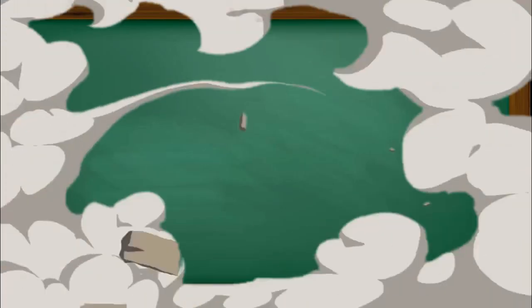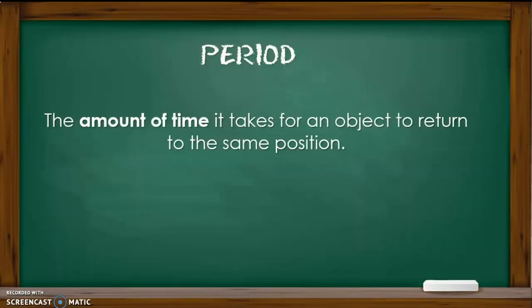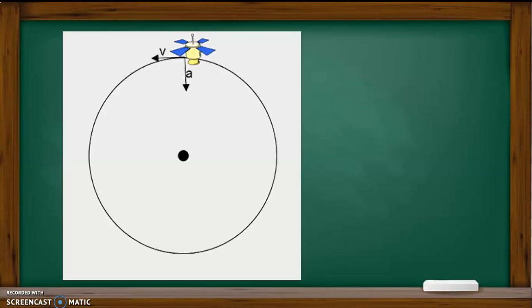Period refers to the amount of time it takes for an object to return to the same position. The concept of period is useful in analyzing motion that repeats itself. Let's use the example on the screen to illustrate period.